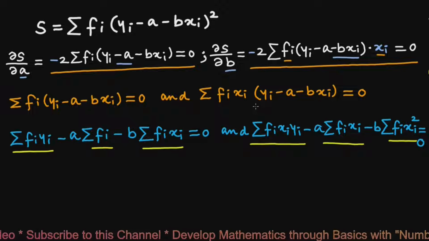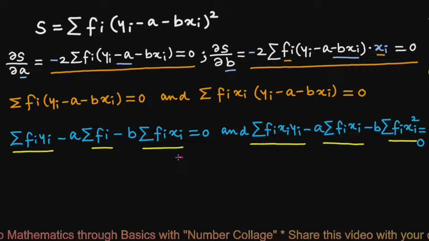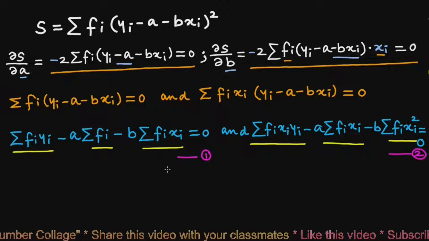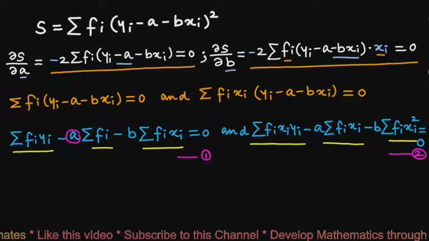If all these required sums are known, by solving these two equations 1 and 2 simultaneously, we can find values of a and b.